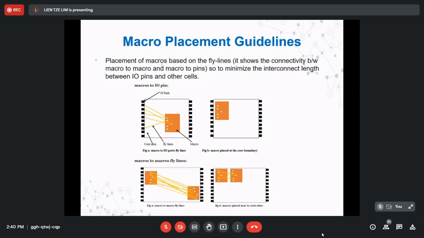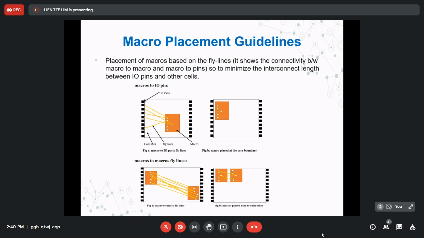Okay, placement of macros based on the fly lines shows the connectivity between macro to macro and macros to pins, so as to minimize the interconnect lengths between the input-output pins and other cells. So this figure shows the placement of macros based on the fly lines. For figure A, it is about the placement of macros to the input-output.